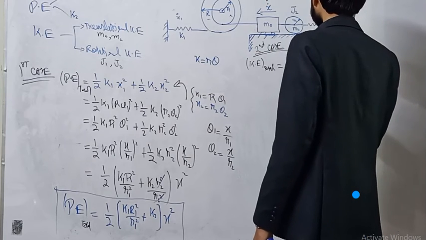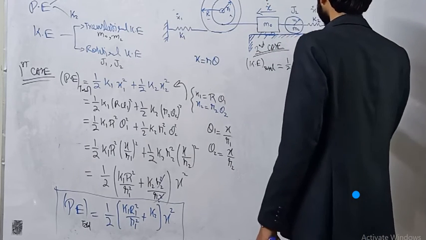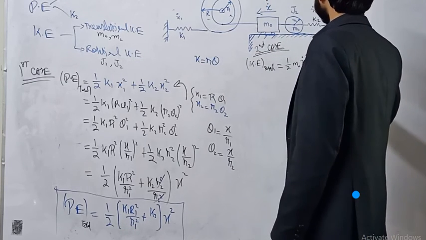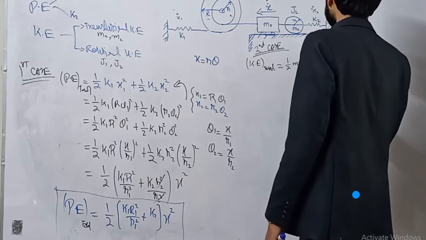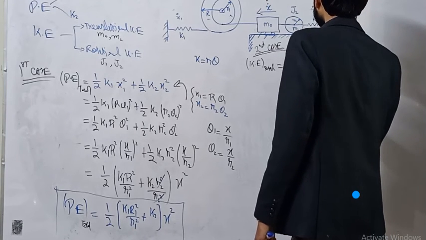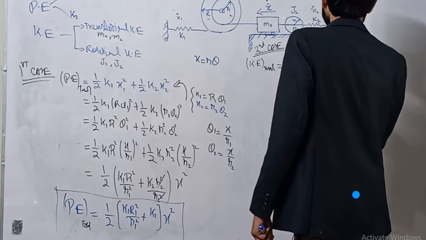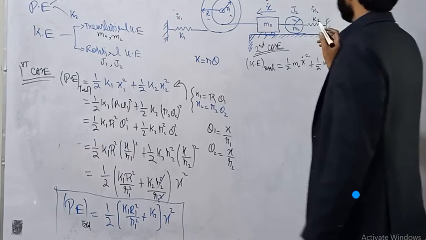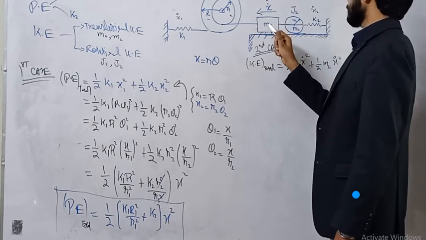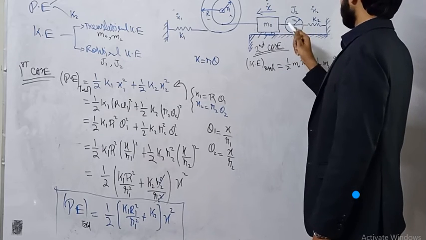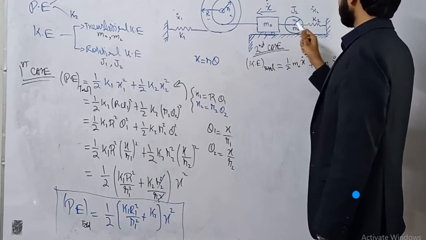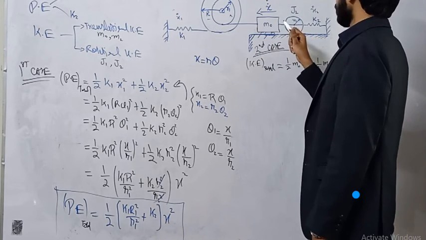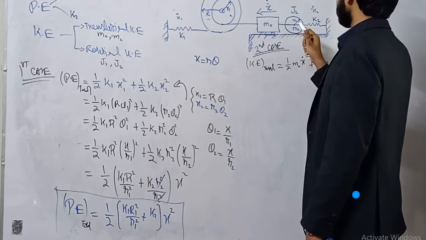So this is the another translational element, that is the rotating disk that has a mass m2. So we have half m2 into x naught square, and again we know that this mass m naught and this disk of mass m2 are both connected with each other, and there is no other element in between them.